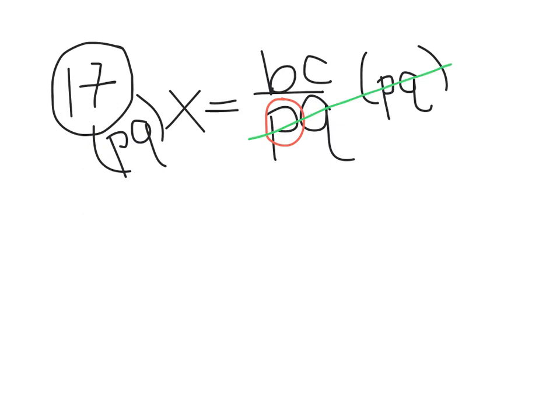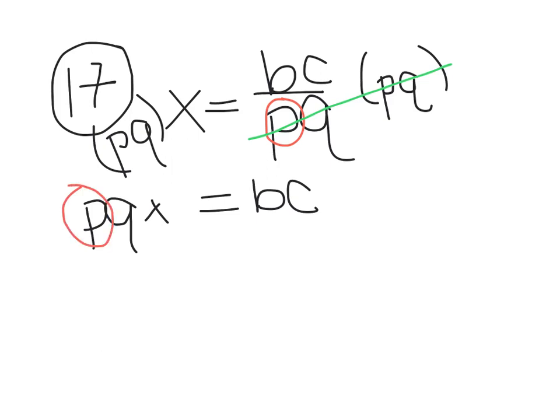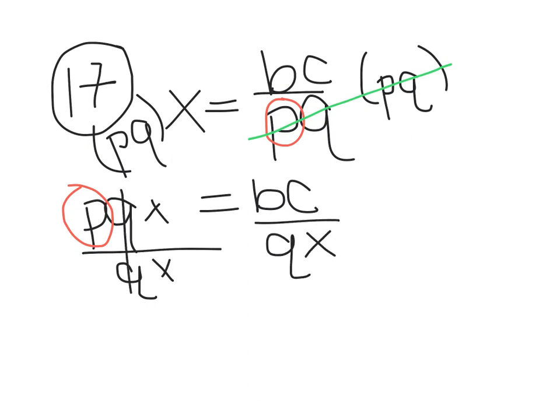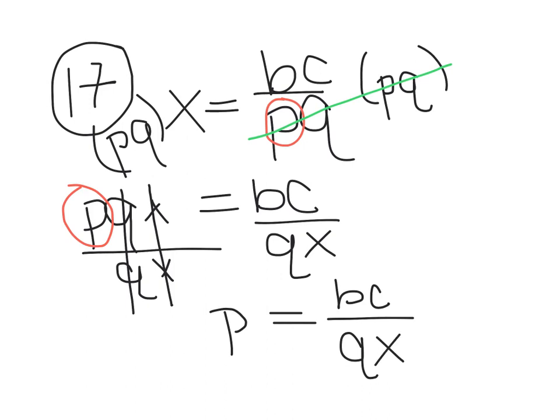This PQ cancels off. On the left side, you're going to have P times Q times X equals BC. Still trying to solve for my P over here. Now I'm going to divide by my Q and my X because I want to move everything away from my P. These Q's cancel out. These X's cancel out. So my final answer is P equals BC over QX.